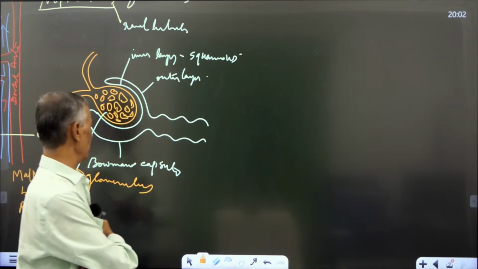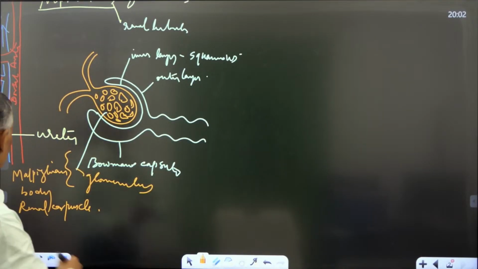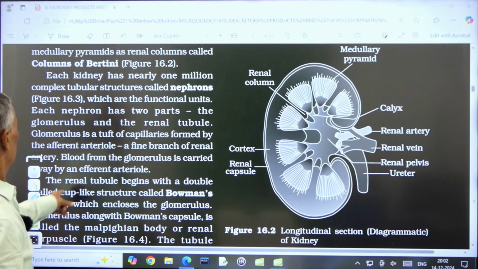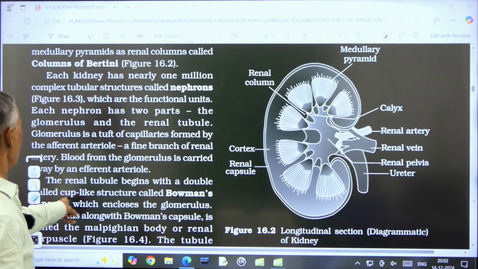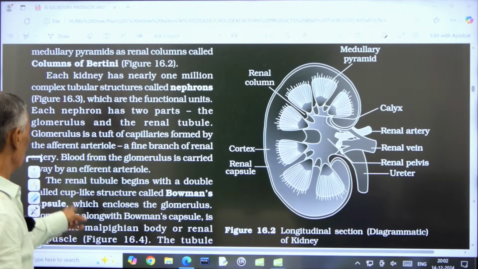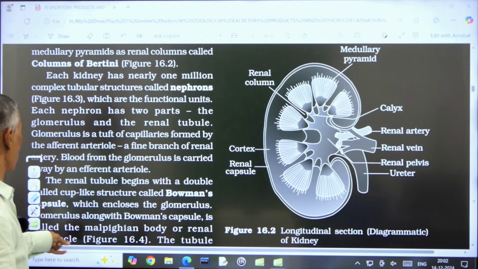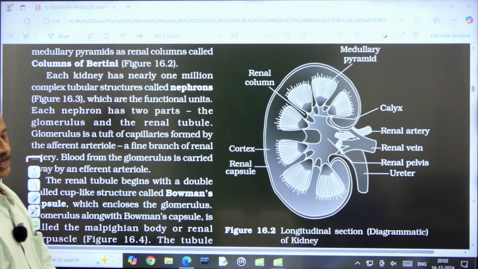Renal corpuscle or Malpighian body. The renal tubule begins with a double-walled cup-like structure called Bowman's capsule, which encloses the glomerulus. Glomerulus along with the Bowman's capsule is called Malpighian body or renal corpuscle. Is that point clear? So that is the first part.